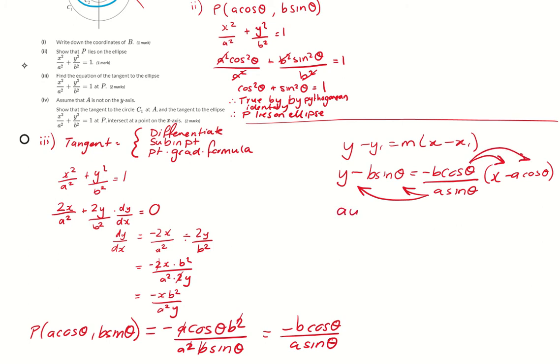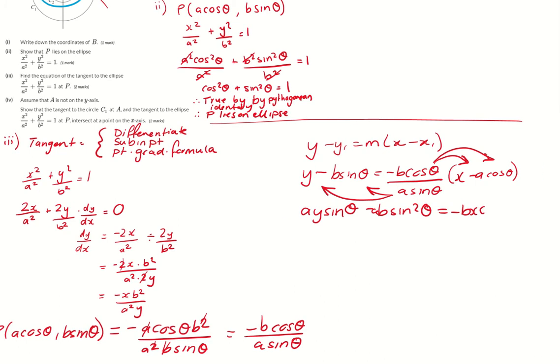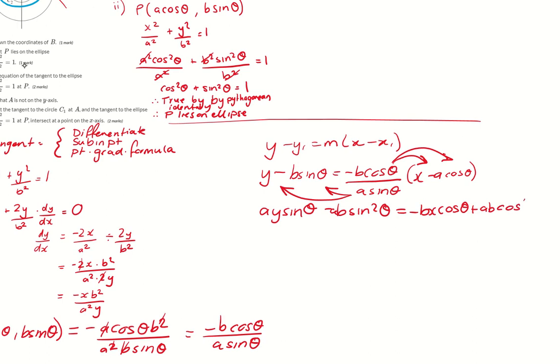I'm going to have ay sine theta minus ab sine squared theta equals negative bx cos theta plus ab cos squared theta.